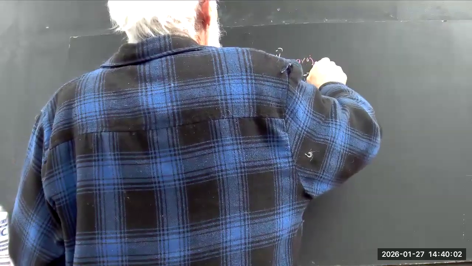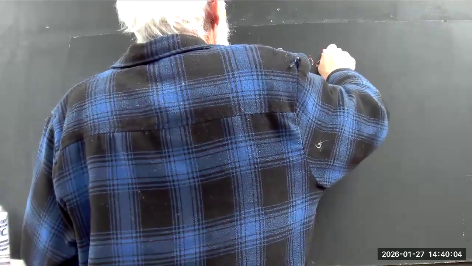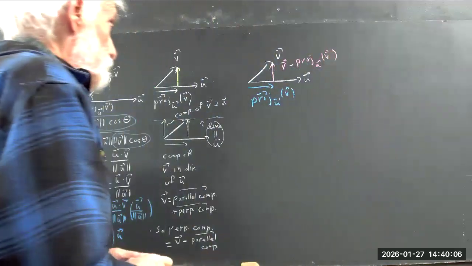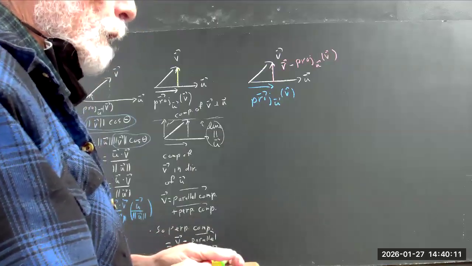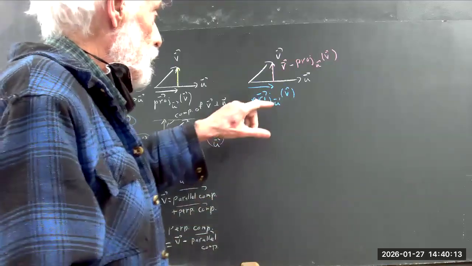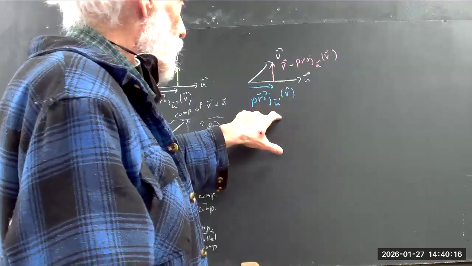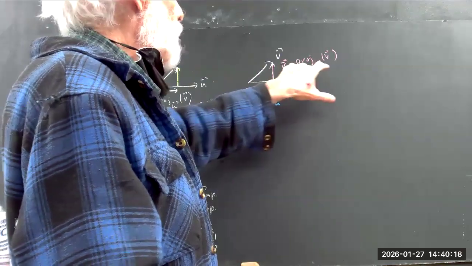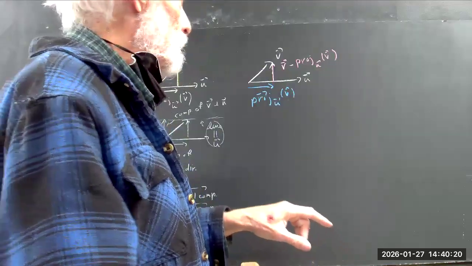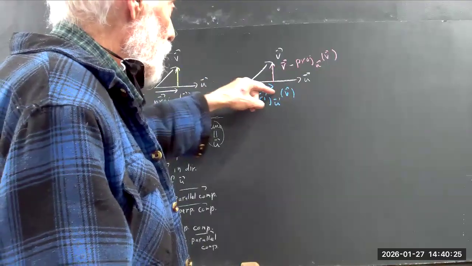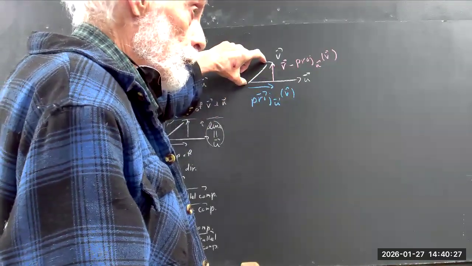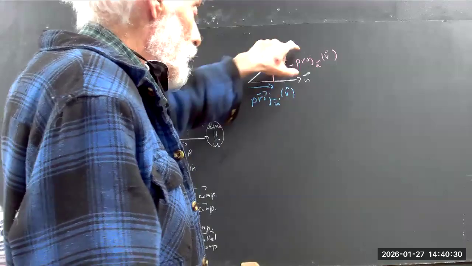This is the vector V minus the projection onto U of V. And it's pretty clear. If I add the projection onto U of V to V minus the projection onto U of V, what am I going to get? I'm going to get V. The picture shows you this plus this equals vector V. And everything makes sense.